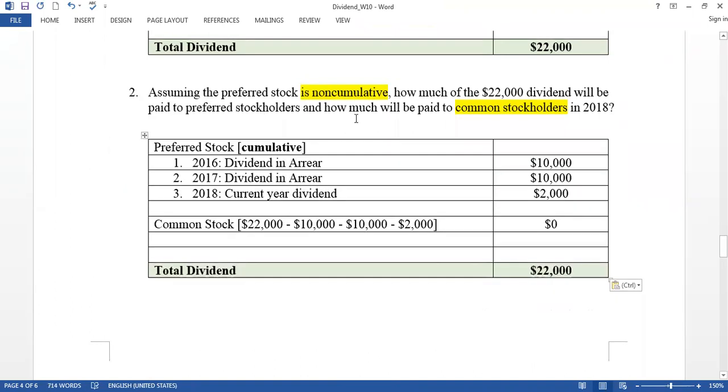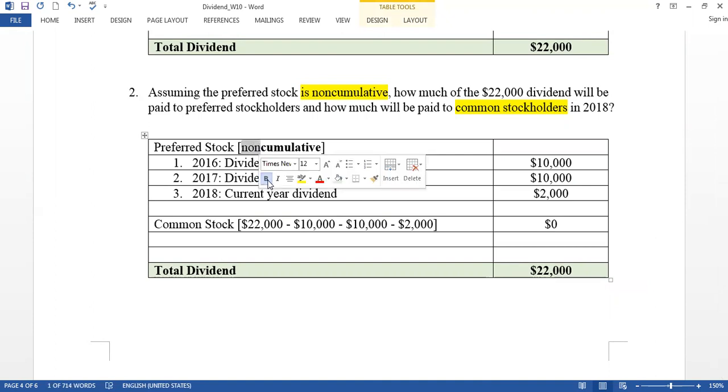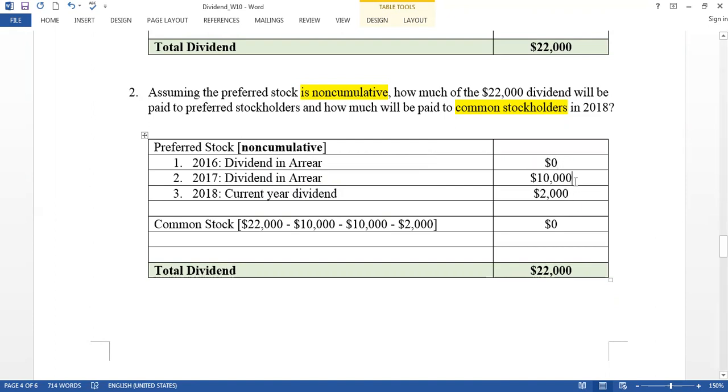According to the second assumption, this belongs to non-cumulative. If it is non-cumulative, this amount is 0, you know that. 2016, unpaid dividend 0. What about 2017 unpaid dividend? 0, right?